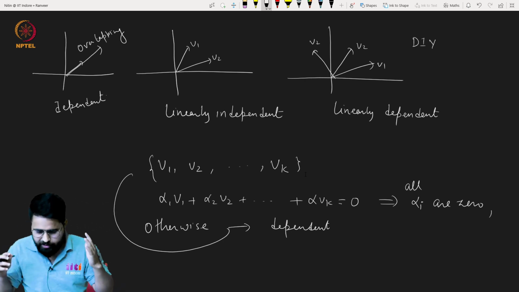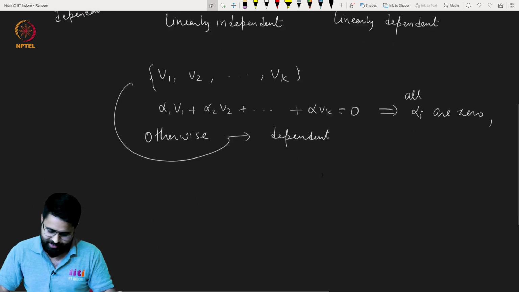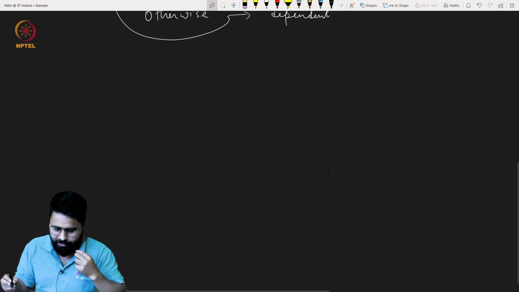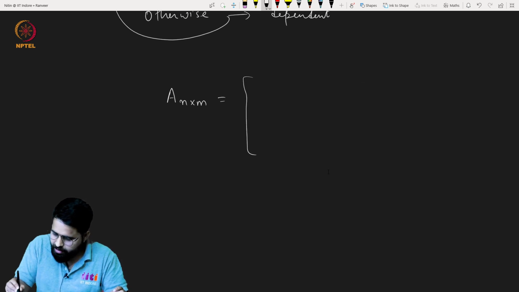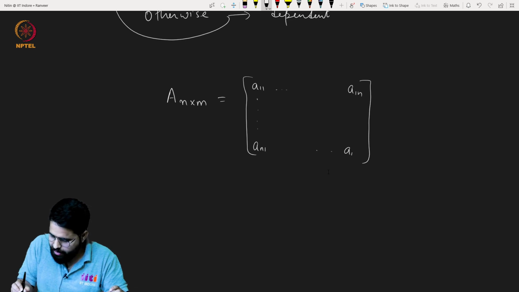Now let us move next to what we mean by the rank of a matrix. Many times you must have heard this term. Suppose we have a matrix of size n cross m, with entries a11 up to a1m, down to an1, anm.